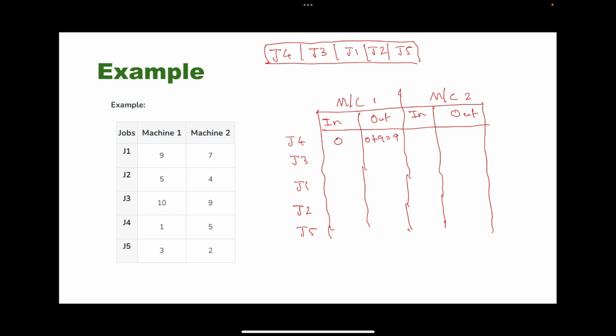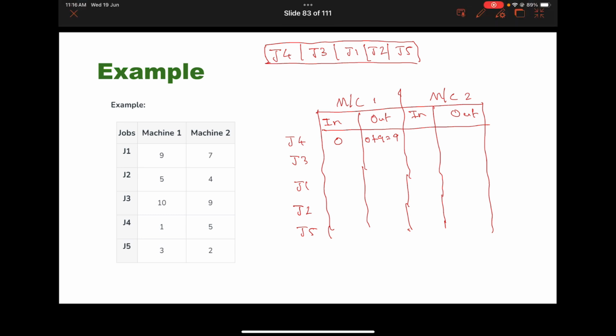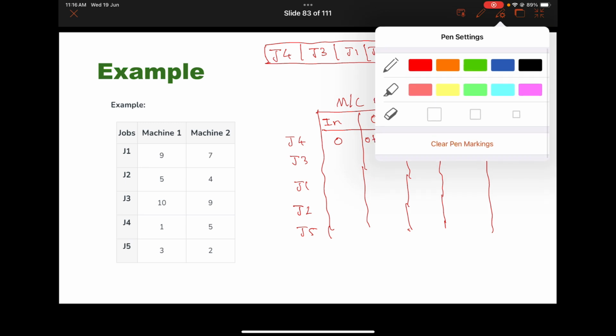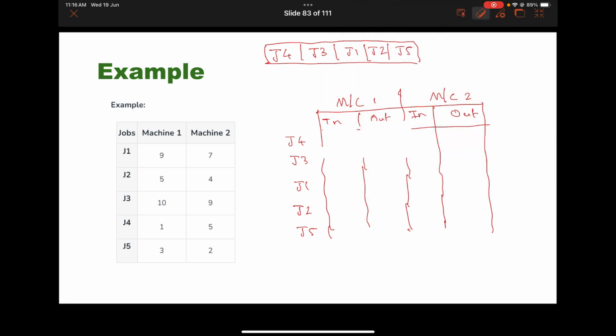Sorry, it is in, out. So J4 will start at 0 and the processing time is 1, so 0 plus 1.